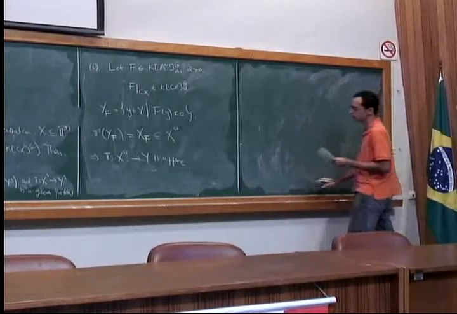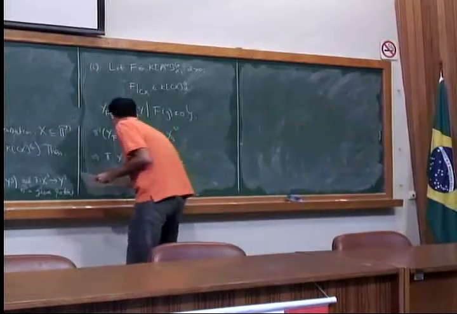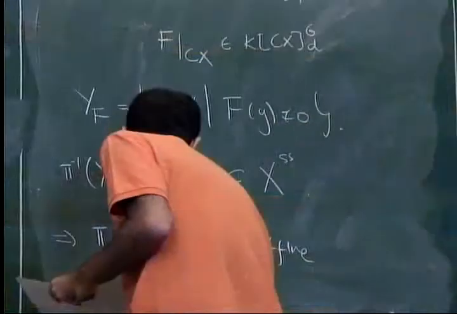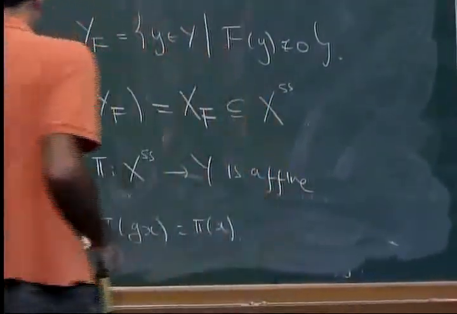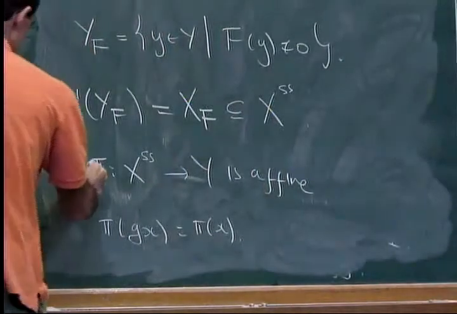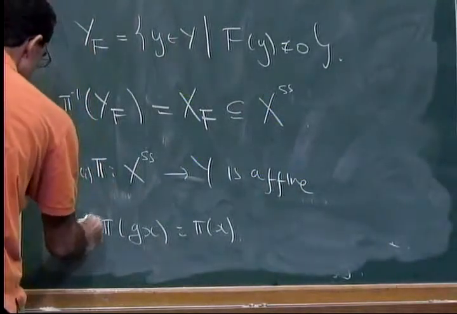I'm not going to do it here, but it's easy to show because we pick Y as the ring of invariants. So that's 1, that's 2.